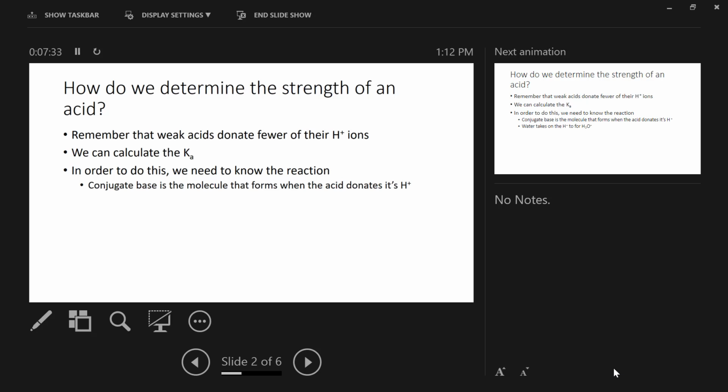And the conjugate base is a very fancy term for what's left over when the acid dissociates. So in order to predict the reaction, we need to know the conjugate base, what's left over when the acid donates its hydrogen ion.